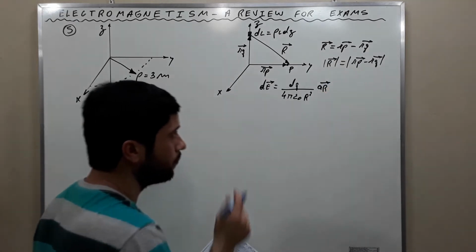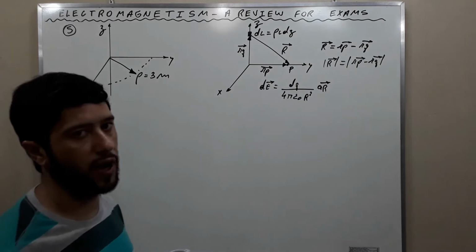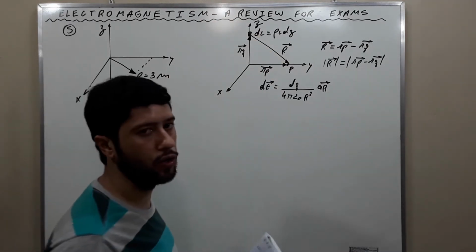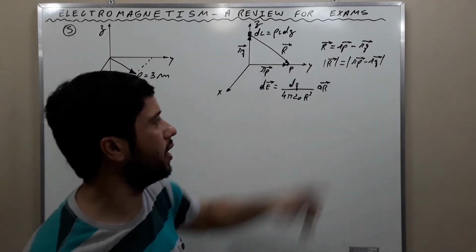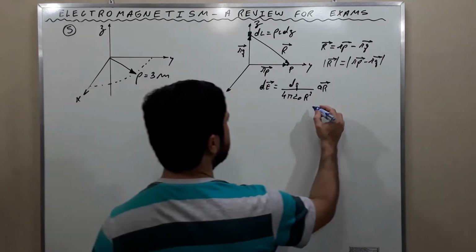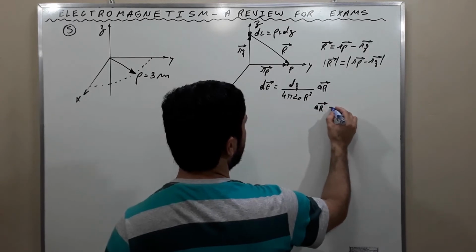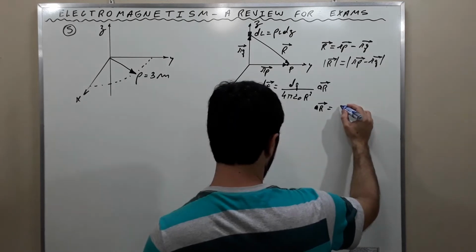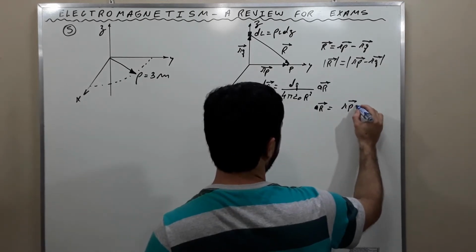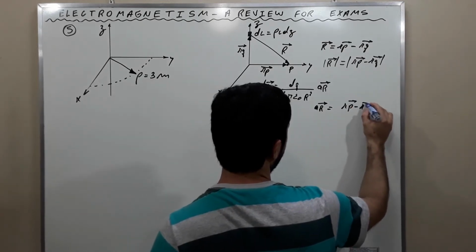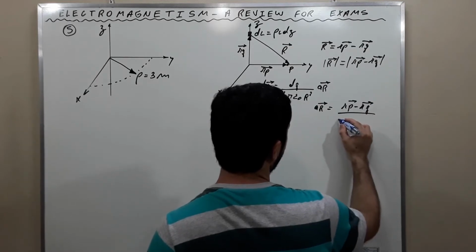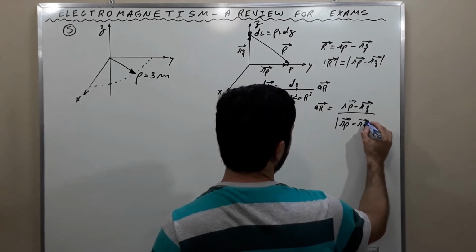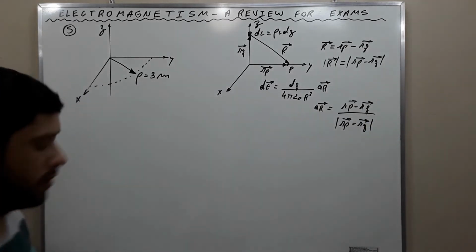But AR is the unit vector in the direction of R. Okay? How do we find AR? We simply divide the vector R, which is RP minus RQ, by its magnitude, which is the magnitude of RP minus RQ.